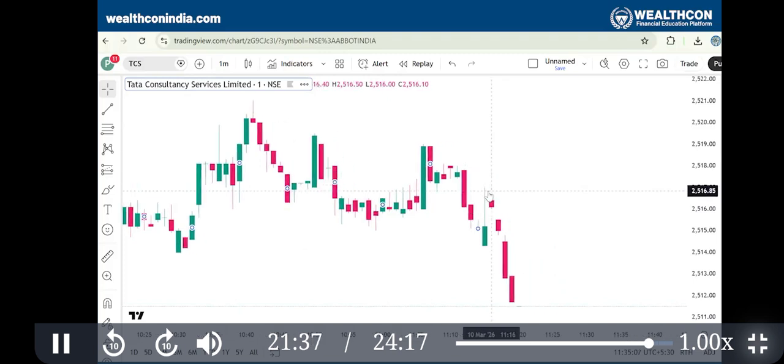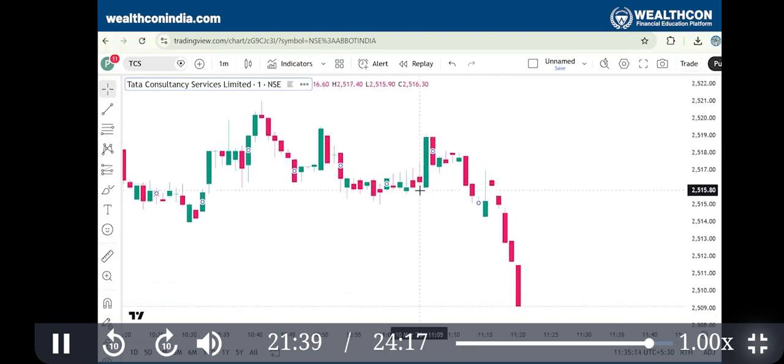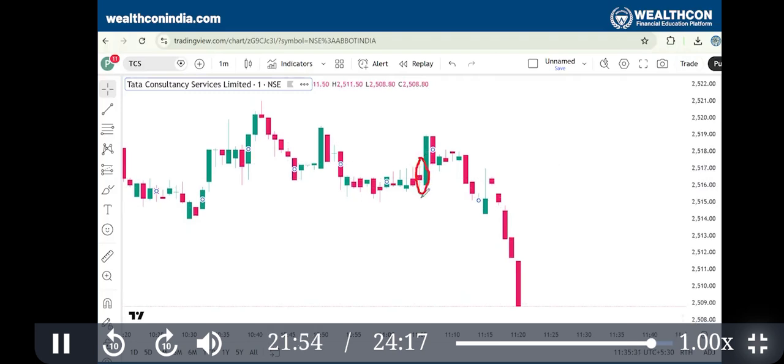You can see the time at the bottom: this candle started at 11:05, next is 11:06. So this candle represents the time frame of that 1 minute, open, high, low, close. This is the next 1 minute of data, then the next minute.